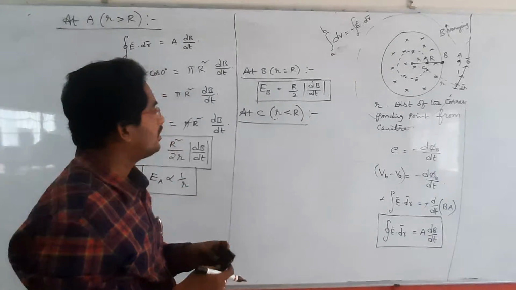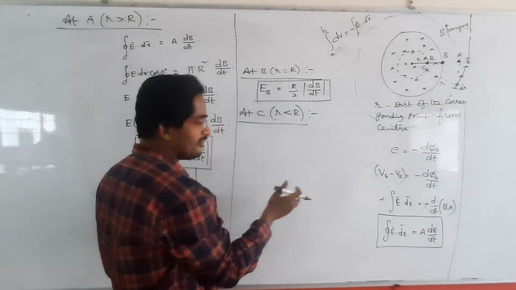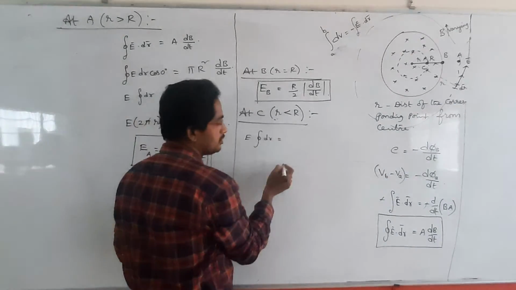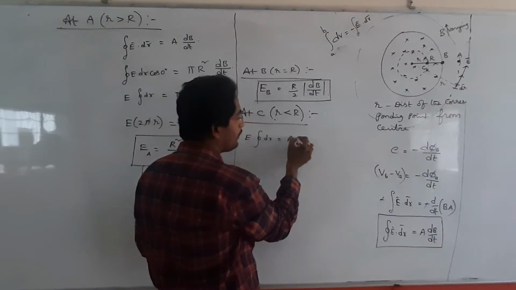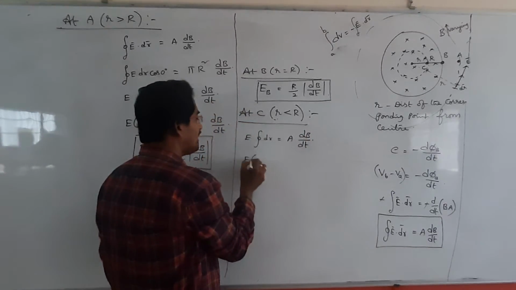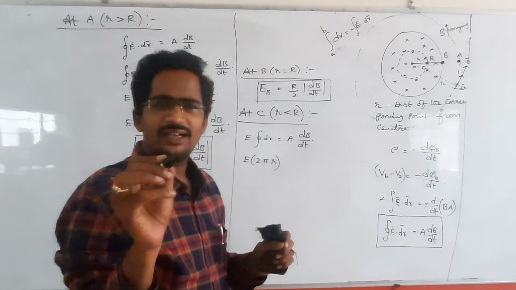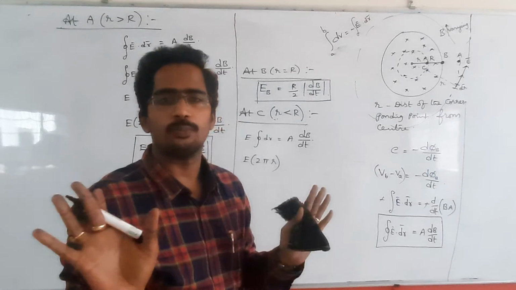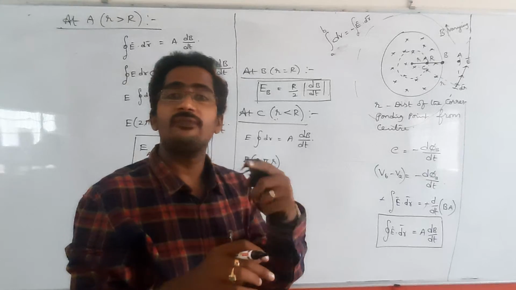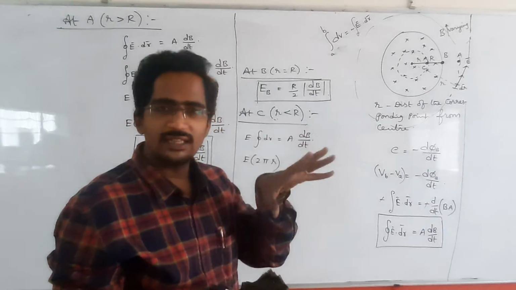Then how to write the electric field intensity there? The same formula we are going to apply: integral E dl equal to A, the area up to which the field was established. So E into integral dl, which is 2 pi r, as we already know well. Always integral dl means the length of the loop, and A means the area of the field within the loop.